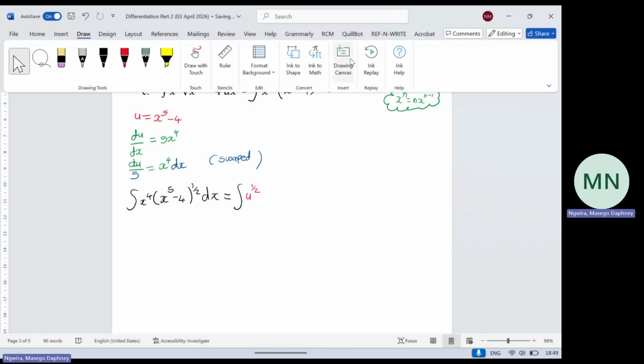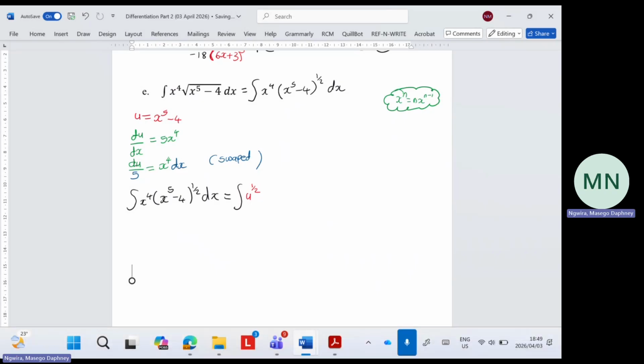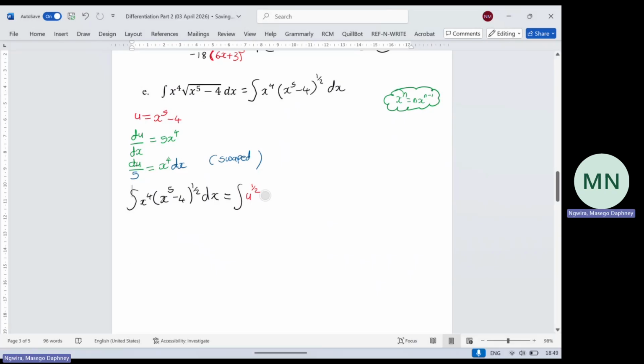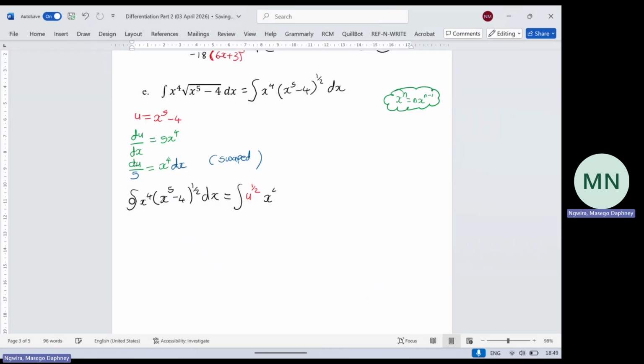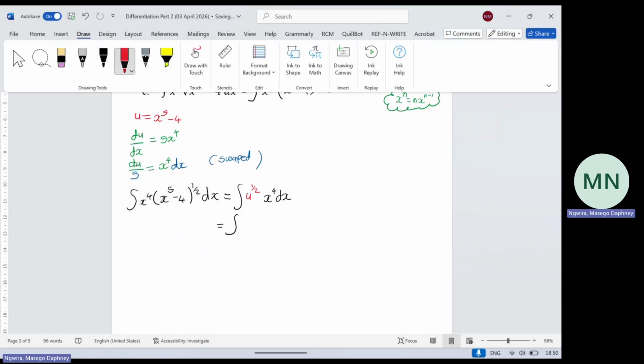Now let's see. I'm just going to write it here: I have x to the power of 4 and dx. I'm going to substitute them so that you can see what's happening. So I have my u to the power of 1 over 2. You can substitute at the same time.